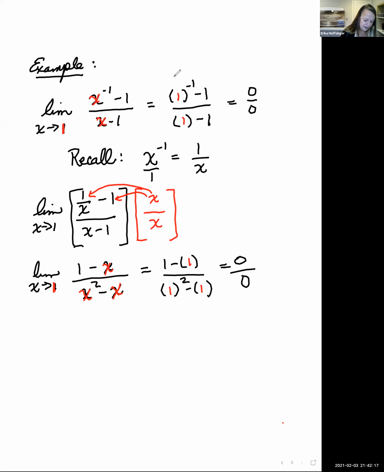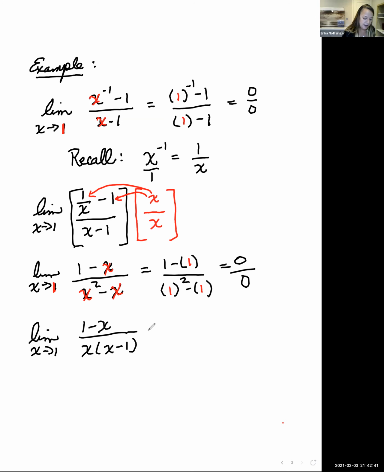So let me go back and rewrite this limit by pulling out an x in the denominator. So we have 1 minus x in the numerator, and the denominator is x all times x minus 1. Still the problem, we still have 0 over 0 when we plug in 1 there.